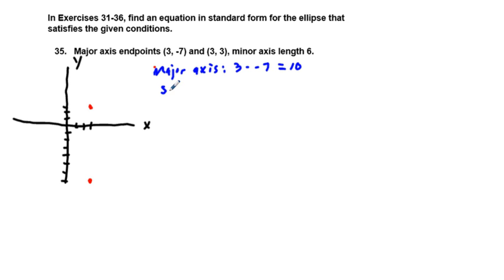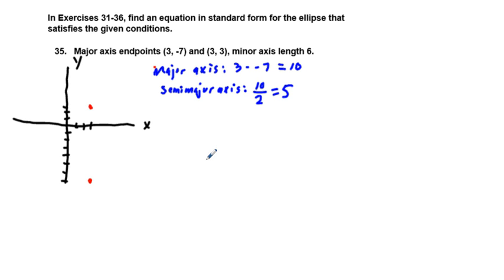So therefore, our semi-major axis is going to be 10 over 2, which equals 5. And so let's go ahead and find where that center is going to be located.